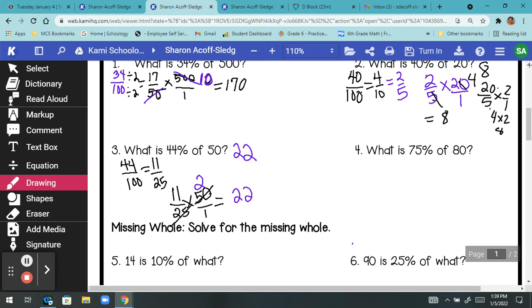What'd you get for your fraction? Huh? 75 over 100. What'd you get for your simplified fraction?